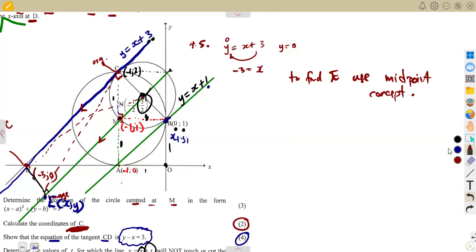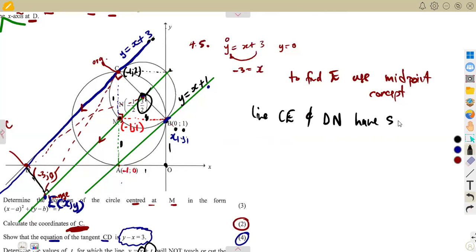So what is it that you talk about the midpoint? We have the line, or the diagonal in fact, CE, and N to D, or DN.